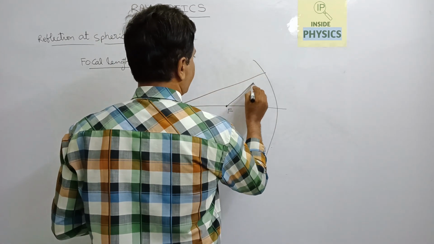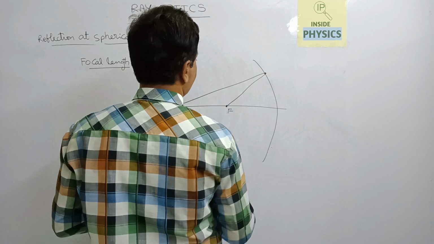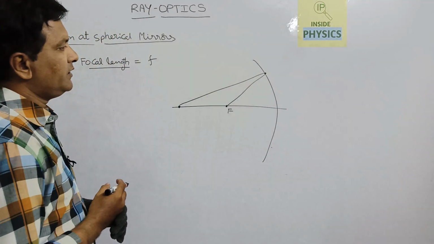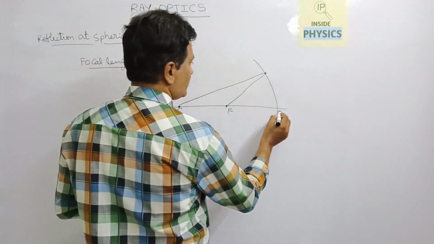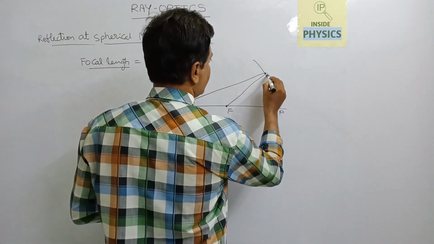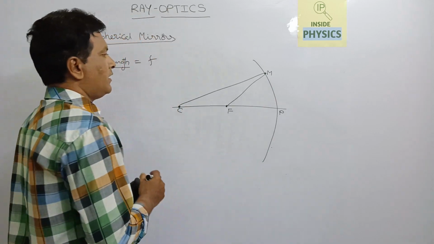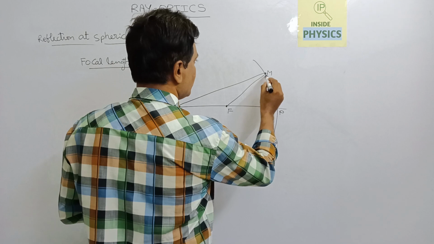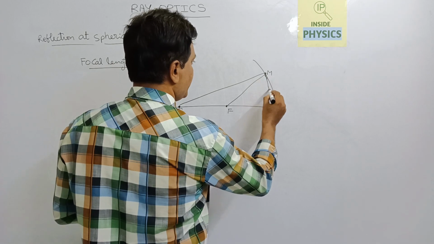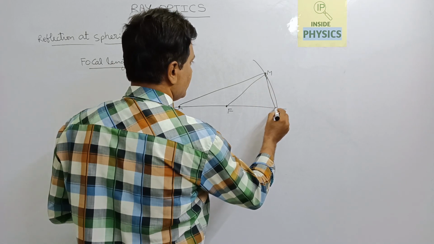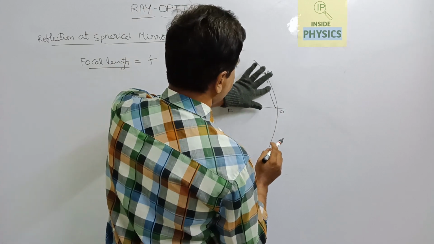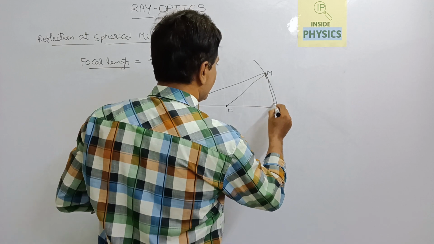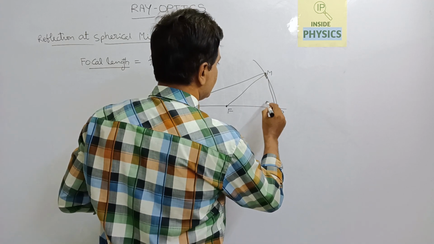If you draw a line from here to the incident point, see, this is the center of curvature, this is the pole P, and this is point M. And if you draw a perpendicular from M to the principal axis at point P, this is 90 degrees.